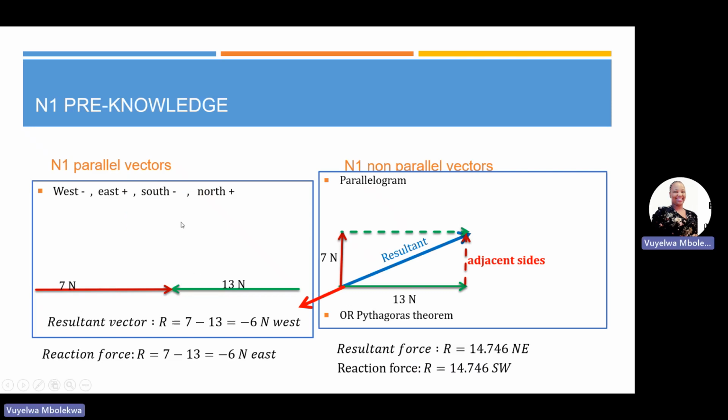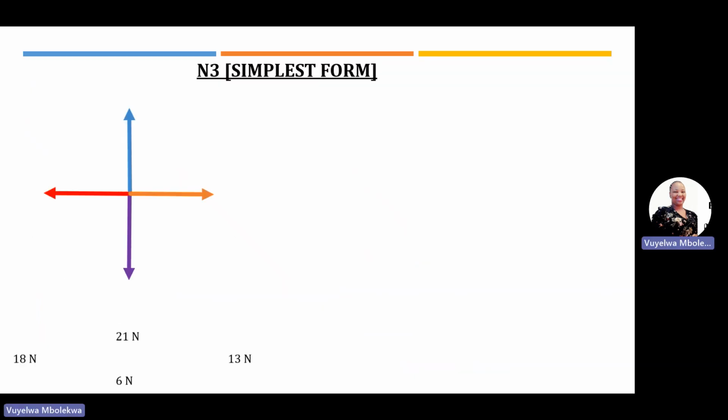So in N3, you're going to get a number of forces. Then you need to bring them down to two forces, one Y force, one X force. The Y force is called the vertical component or the sum of the vertical components. And the X force is called the sum of the horizontal components. This is the simplest form that you're going to get at N3.